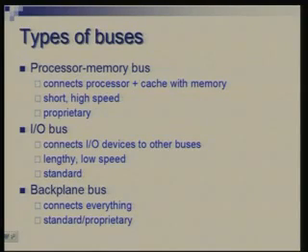So you can have on one hand what is called a processor memory bus, whose responsibility is to connect processor and memory. When I say processor, it would typically mean processor and cache together. So such buses are required to be extremely high speed buses, and they are short in length. That means they don't spread out physically in the system.